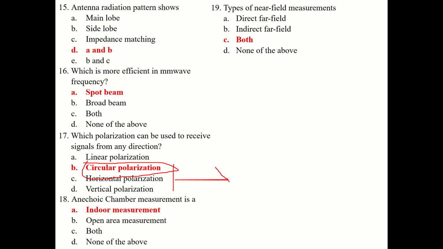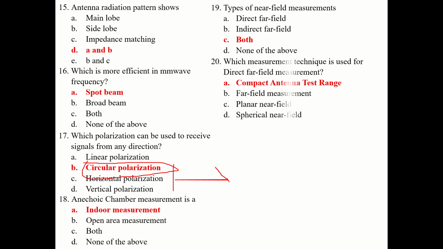Indirect far field means we use probes to measure the antenna fields at the near field, then take the FFT and compute the far field. That is why it is called indirect far field: a transformation from near field to far field happens.